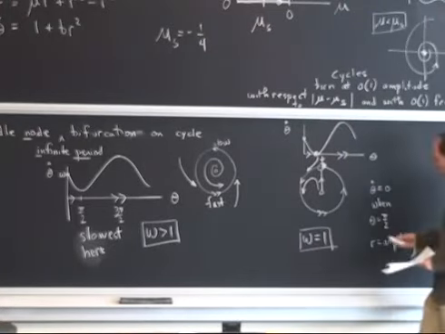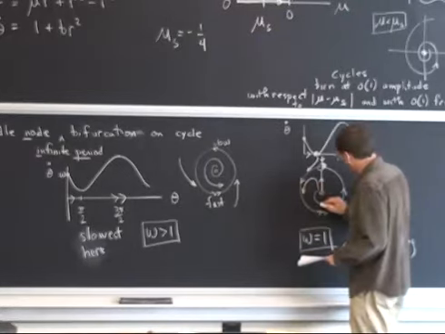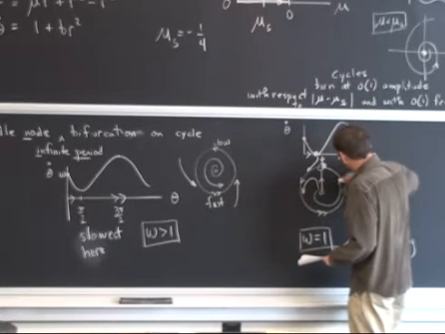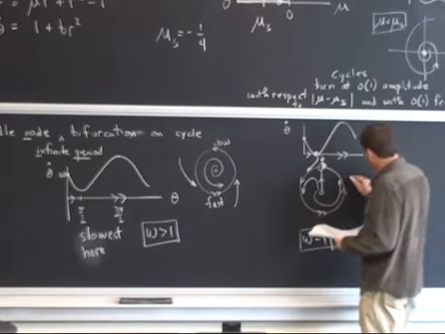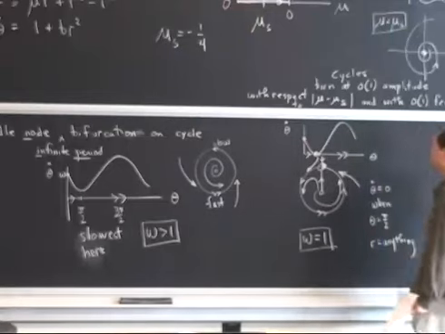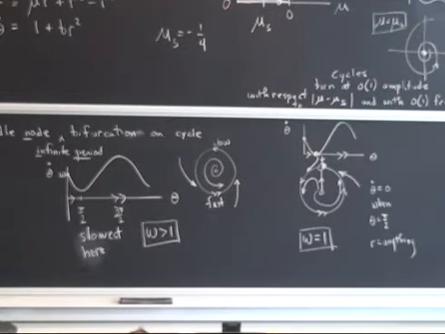And if we start pretty close by, we might go over like this. And also from the outside, we're just coming in. So anyway, that's the saddle node bifurcation on the cycle, the sniper.